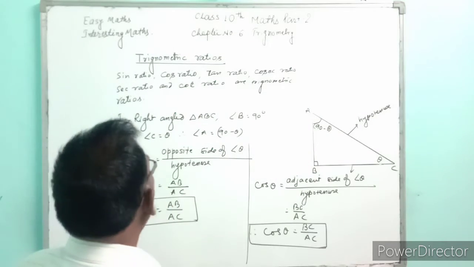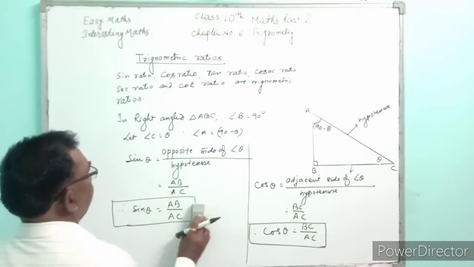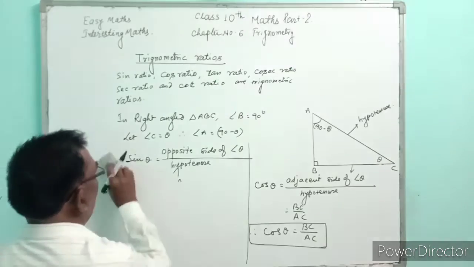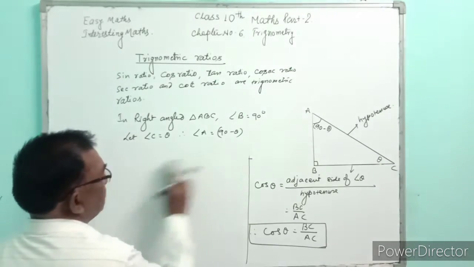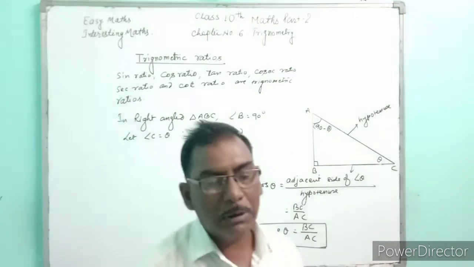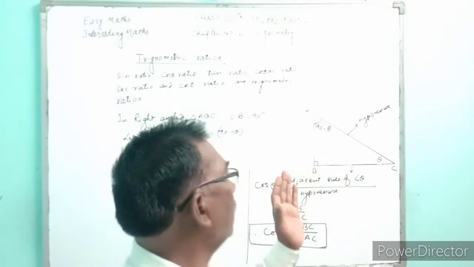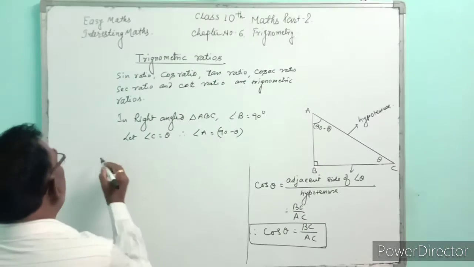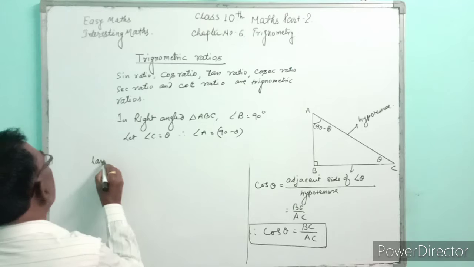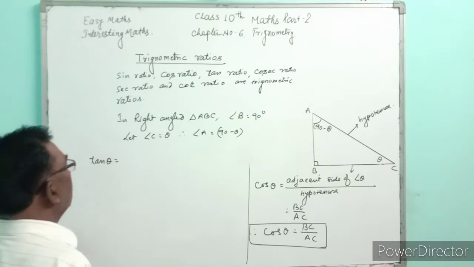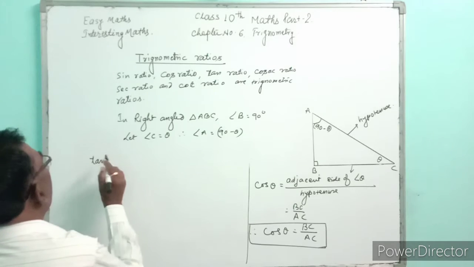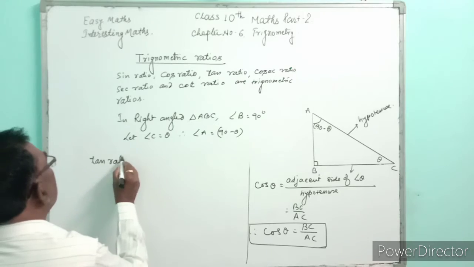Next, we will see tan theta. We will use the same figure of triangle ABC. First, we will write the tan ratio.